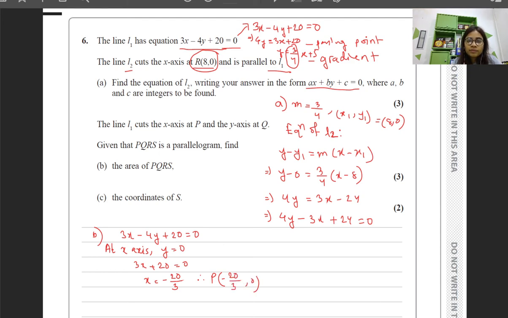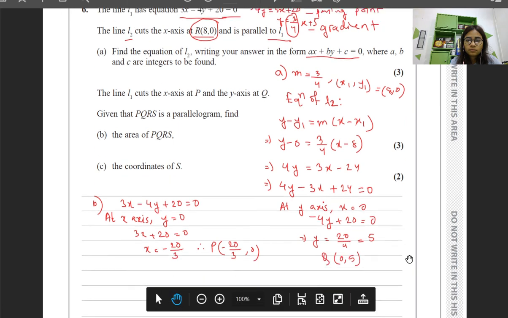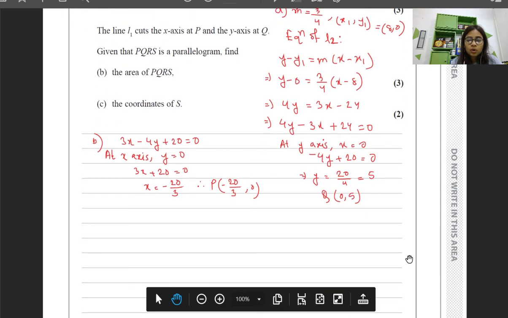Now we will find the coordinate Q. At the y-axis x equals 0, that gives us minus 4y plus 20 equals 0. So y equals 20 over 4, that is 5. So the coordinate Q is 0 comma 5. Also we know the coordinate R, which is 8 comma 0.